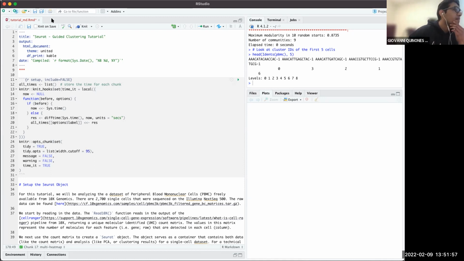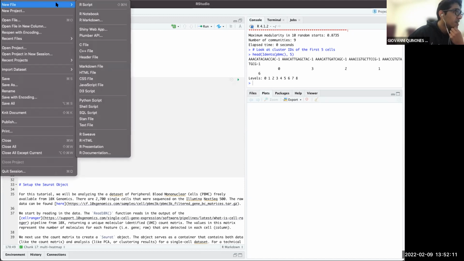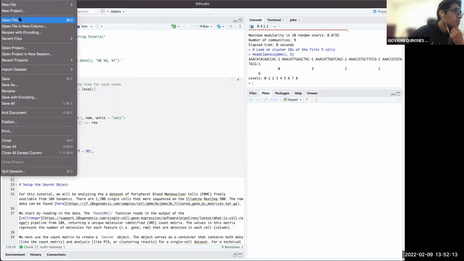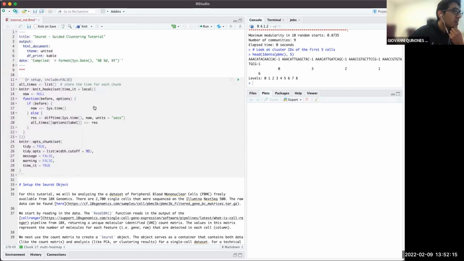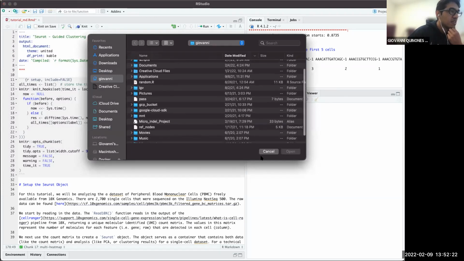For now, we're going to start. You can open your RStudio, and the first thing will be to load the code, which is this RMD file. The way you'll do that is simply going to File, Open File, and here you open it from the folder where you've saved it.